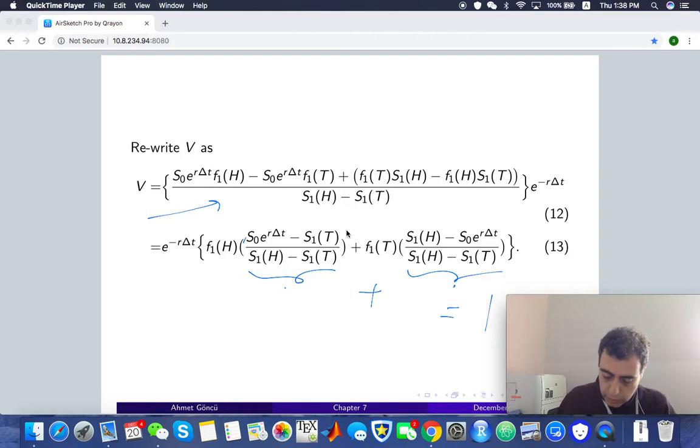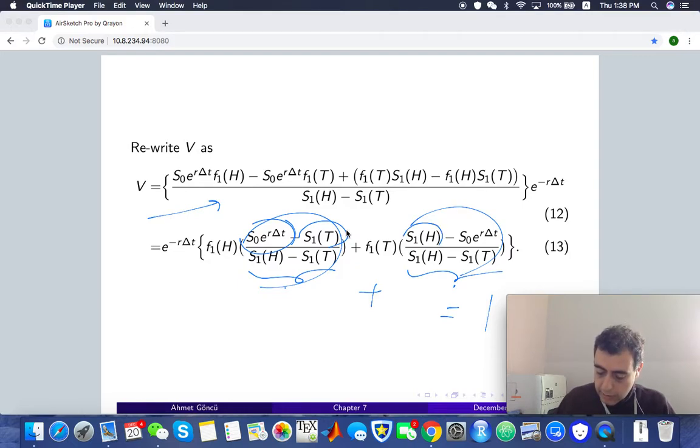We can also notice that each of these terms is between 0 and 1, again from the no arbitrage arguments, because this is the stock price when the stock goes down. So it's going to be always less than this risk-free growth. Again, if this is not true, I mean, if this is not greater than S1 tail, then there exists an arbitrage.